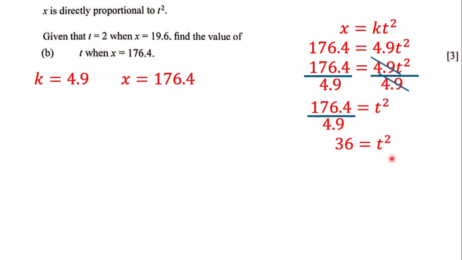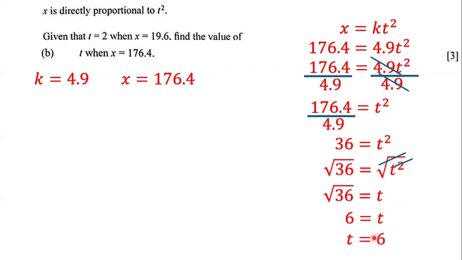Now we take the square root of both sides because we're trying to get rid of this power 2. And so the root cancels out with the power, and we are left with t is equal to the square root of 36. And so t is equal to 6, because the square root of 36 is 6.